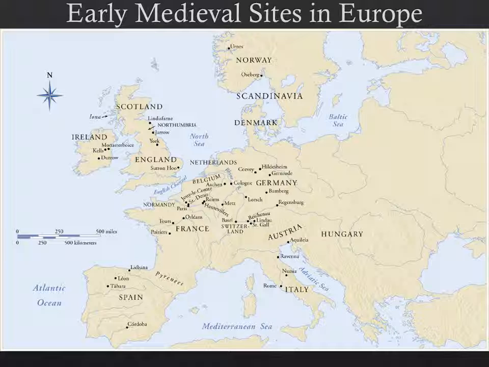What we will notice is that unlike the Byzantine Empire, which had a nice, strong, centralized government and centralized church authority, Western Europe doesn't have that. After the collapse of Rome, there will be several attempts to try to unify European peoples under one banner and under one Christian banner.